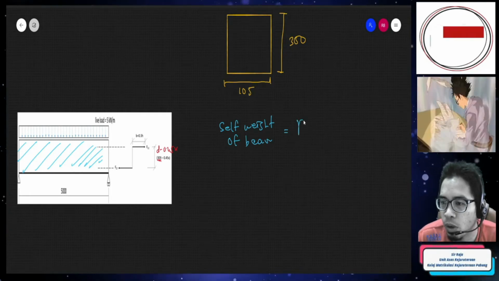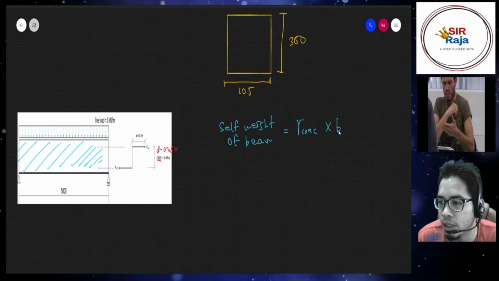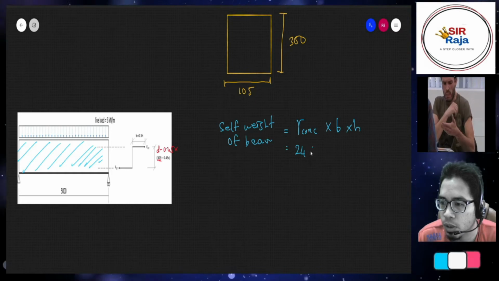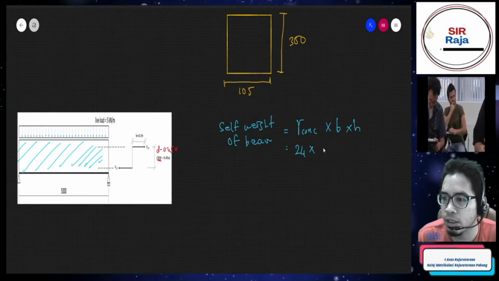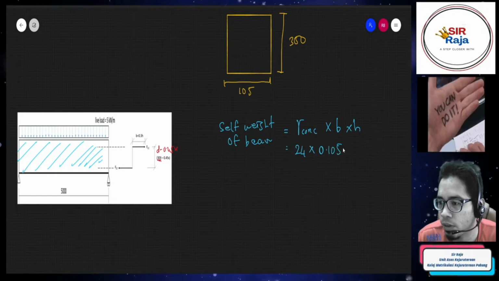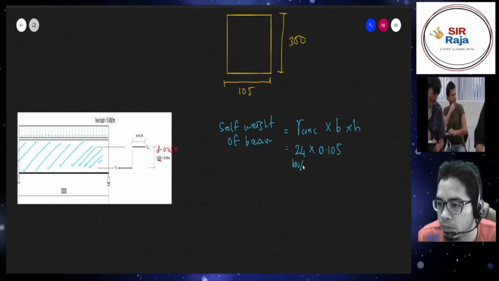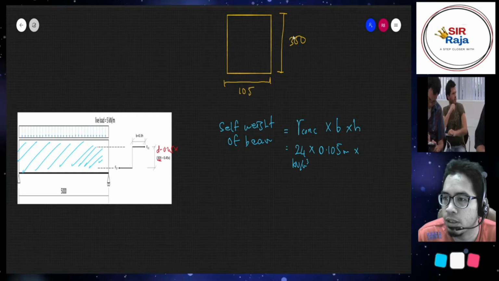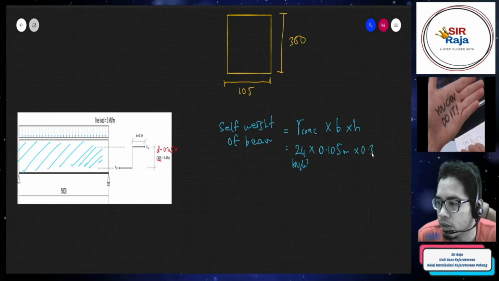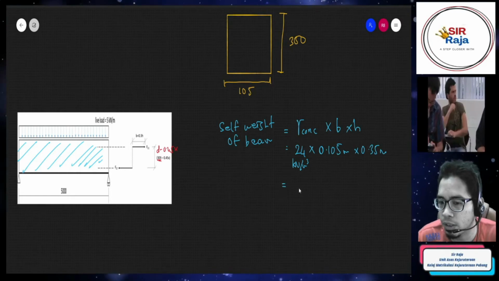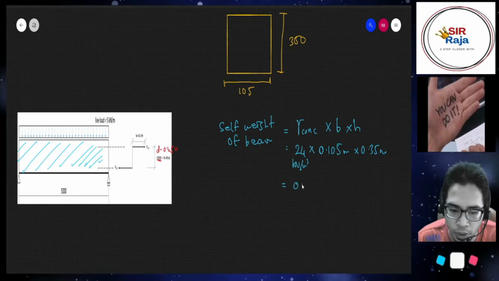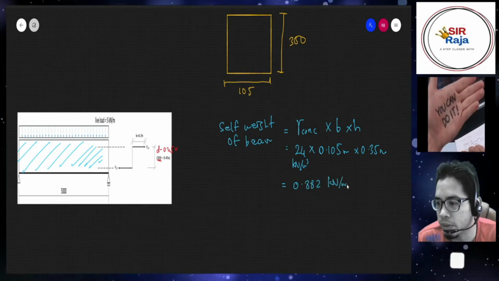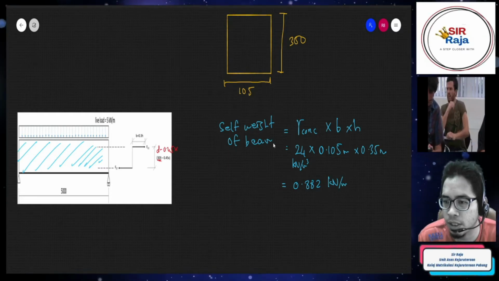Therefore, we have γ concrete times B times H. γ concrete is 24 kilonewton per meter cubed, times B, which is 0.105, times 0.35 meter. Remember the unit is kilonewton per meter cubed, so you want the dimensions in meters. We get 0.882 kilonewton per meter. In this case, the self-weight is actually the Gk.